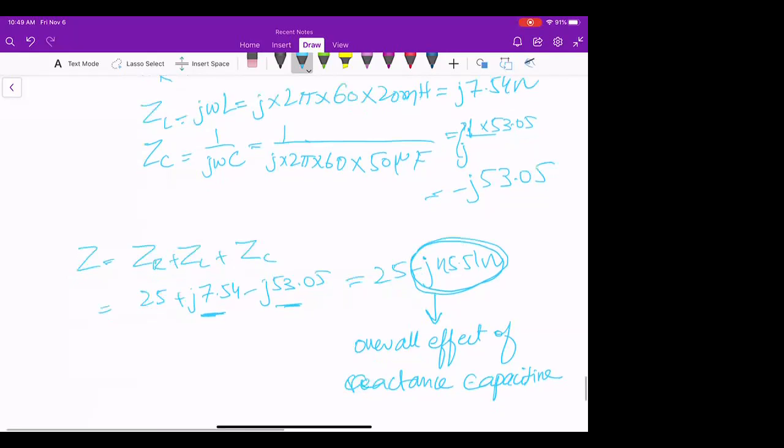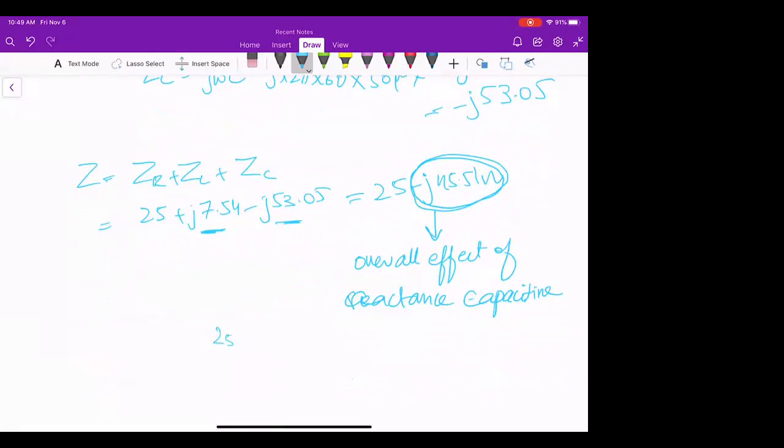But if you see something like 25 plus J50, then the reactance effect is inductive. So that's very important to understand: when your complex part is negative, your circuit has a capacitive effect. When your complex part is positive, your circuit has an inductive effect.